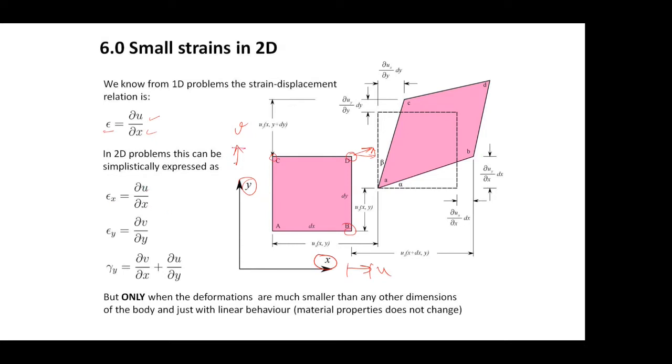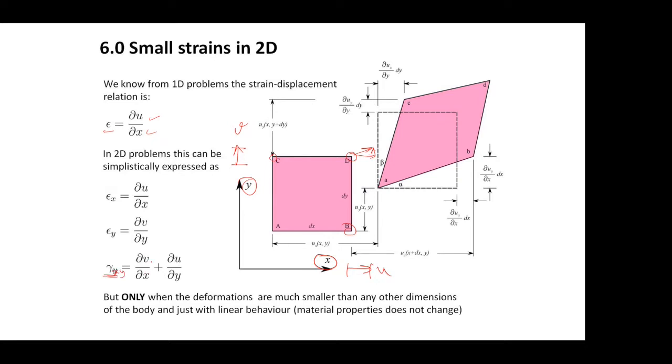If you look into the displacement in the Y and the strain in the Y, this is now the derivative of V with respect to Y. These are the normal components of the strain. Then you have a shear component for the strain. This is gamma XY.